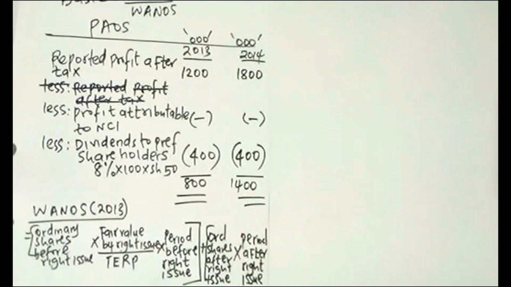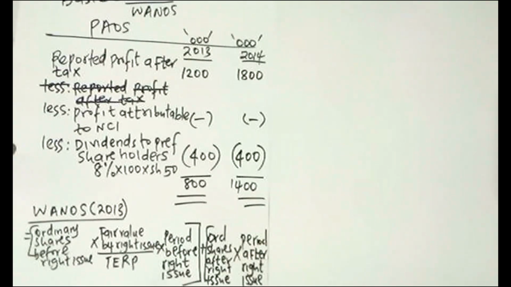That is the formula. Ordinary shares before right issue times fair value before right issue, divided by the theoretical ex-rights price, multiplied by the period before right issue, plus the ordinary shares of the right issue, multiplied by the period after the right issue. So what you get before and what you get after, you add.